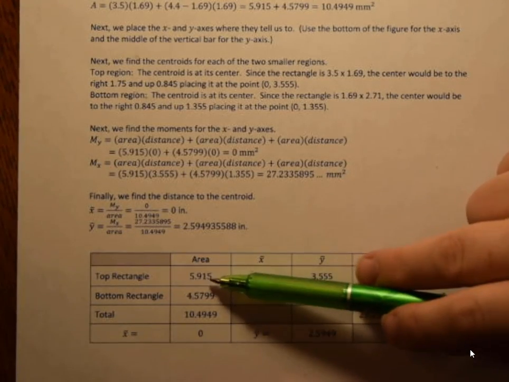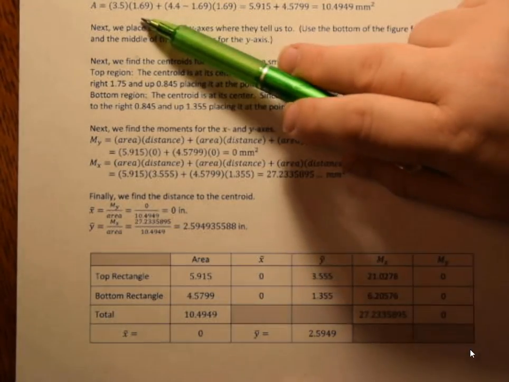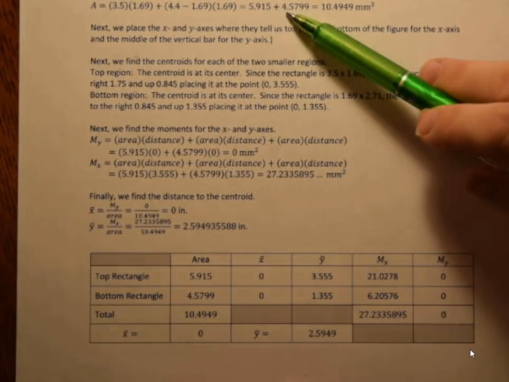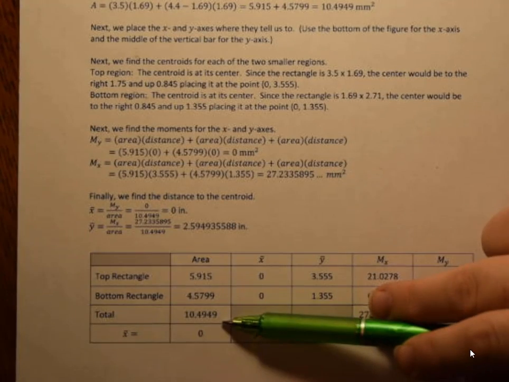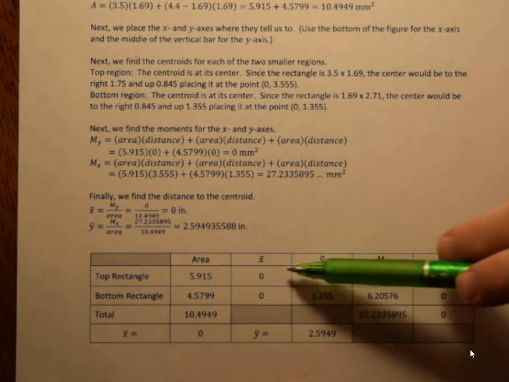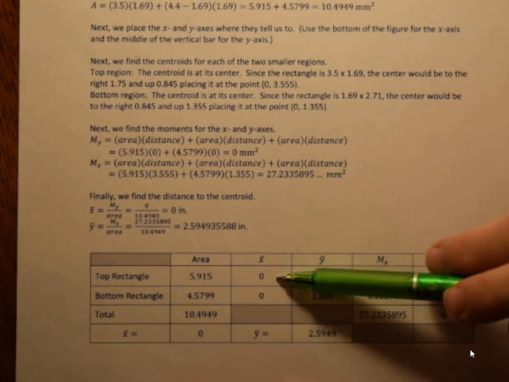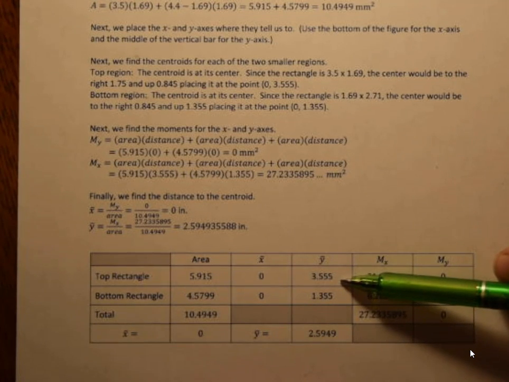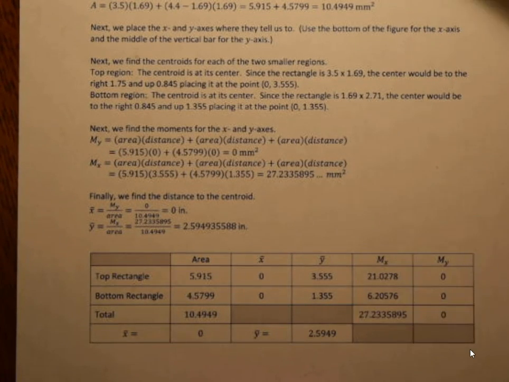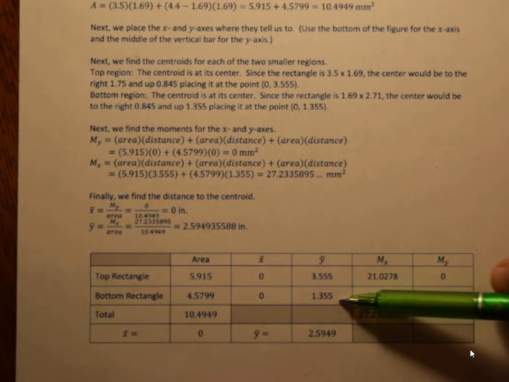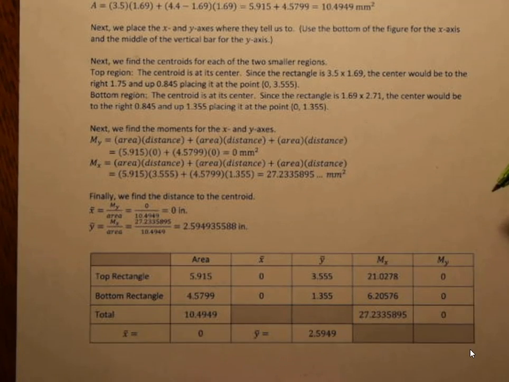So let's look at the area. We found the area of the top rectangle and the bottom rectangle and added them together. Then we can put in the centroid, the x bar, y bar for the top rectangle, so 0, 3.555. And for the bottom rectangle, 0, 1.355.